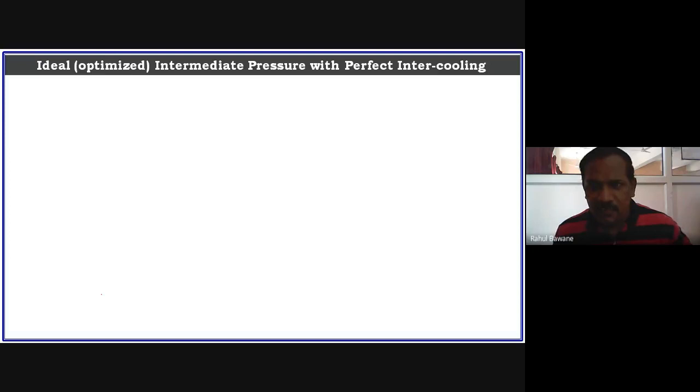So perfect intercooling is when your intercooler brings your compressed air back to the initial temperature. In the first stage, what is your initial temperature? It is the atmospheric temperature at which you take in the air in your LP cylinder.